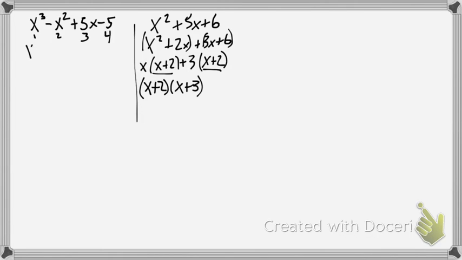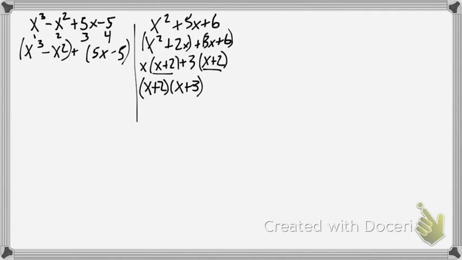So I'm just going to go x cubed minus x squared in parentheses plus, I'm going to fix that, plus 5x minus 5.